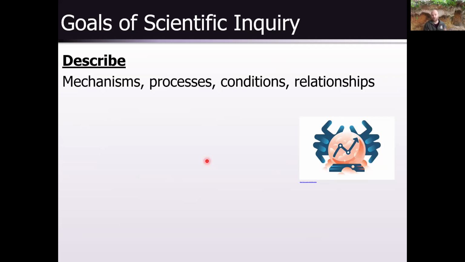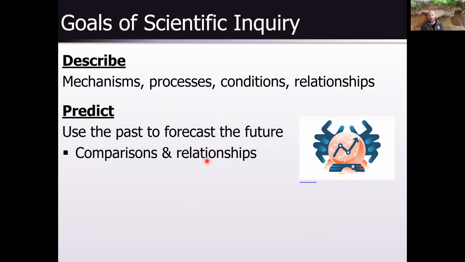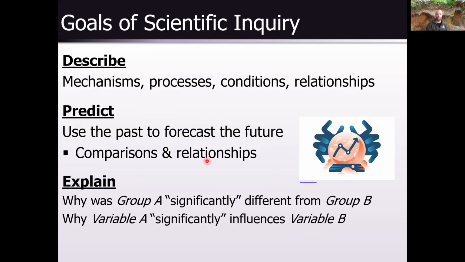What are the goals of scientific inquiry? They are really to describe the process, a relationship, a condition, the mechanics, the mechanisms of a system. They also can be used to predict, using observational or past data to forecast the future, whether it's a relationship between temperature and humidity, for example, as we'll look at later this semester, or a comparison between two groups. Predictions are often why we're doing it.